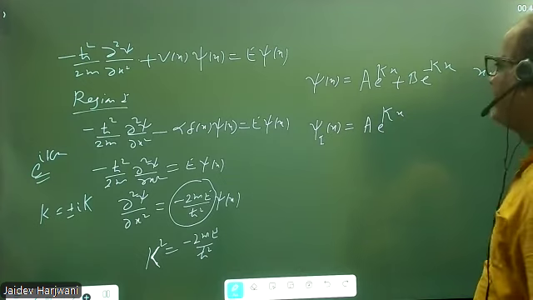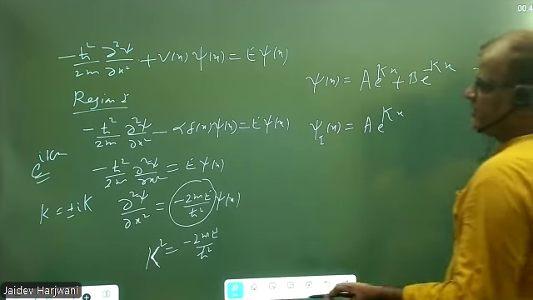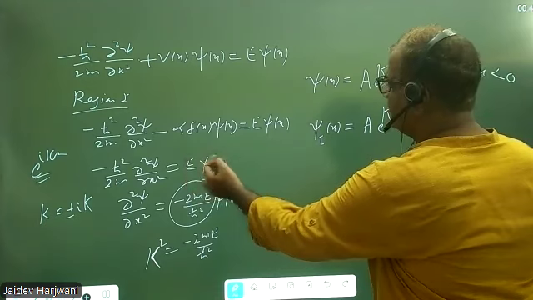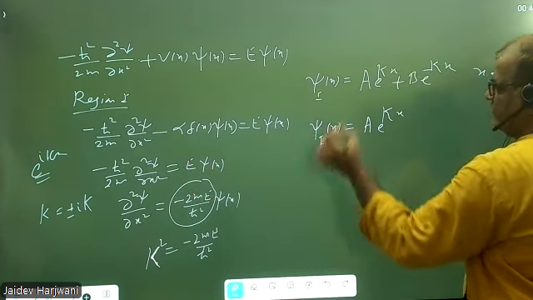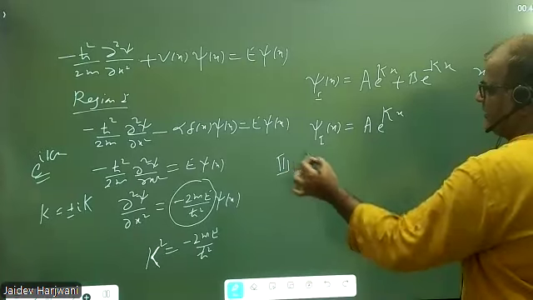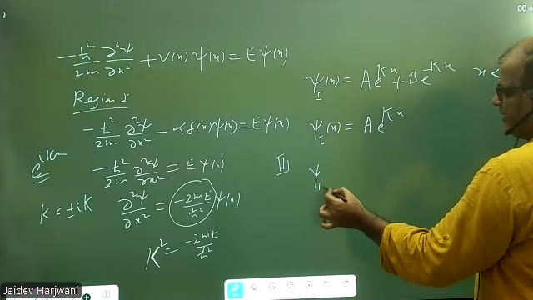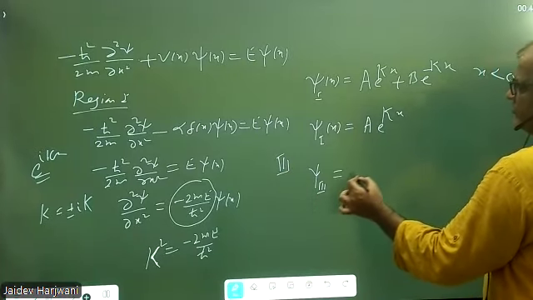Now, similarly, if I write the solution in region 3, the equation remains the same. Only now, this was the solution in region 1. If I write in region 3, psi 3 I can also write as the same type of solution.